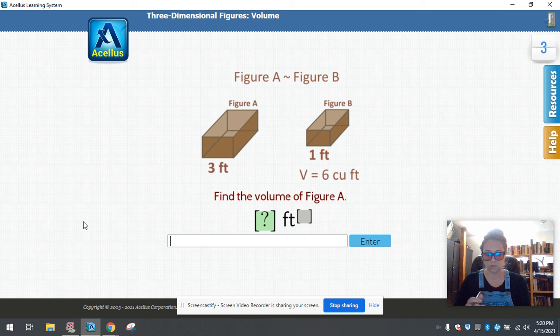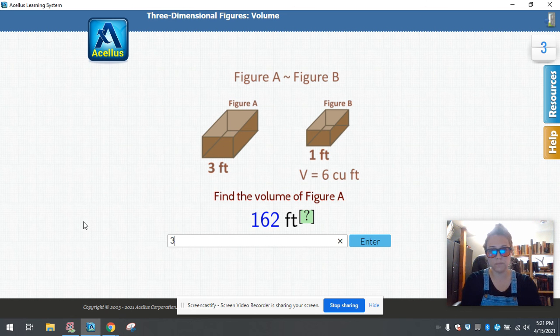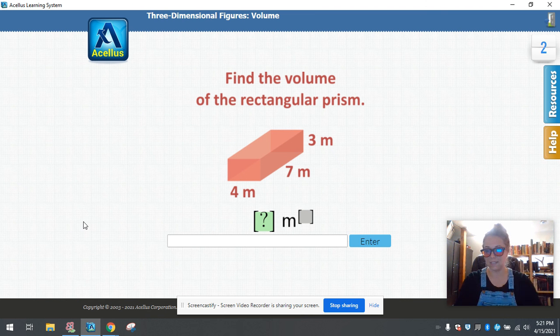What's 6 times 27? 120 plus 42. 162. Make sure I'm right. 27 times 6 is 162. Yay! Divide by 1 if you want to. 162 divided by 1 would be 162. Any number divided by 1 is that number. 162 feet cubed.